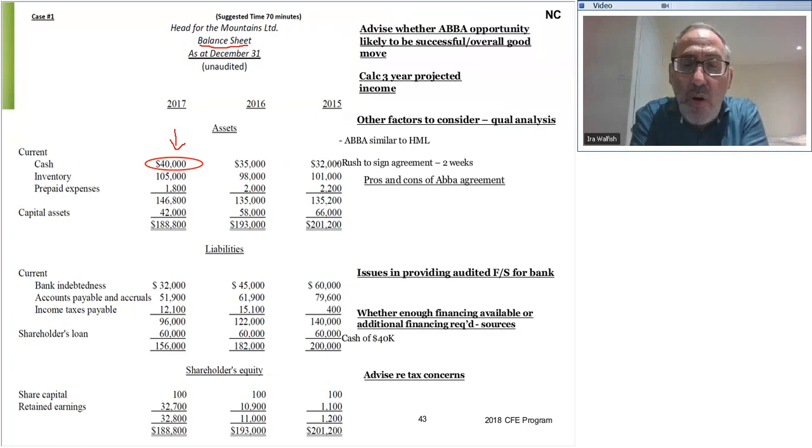She wants to know whether she has enough money to go ahead with this or whether she'll have to raise more money. The reason I circled the $40,000 is what's going through my mind is that Susan may be able to use some of the cash in her current business to help finance the new business. That's why I circled the $40,000. I thought it might be relevant for the financing required.